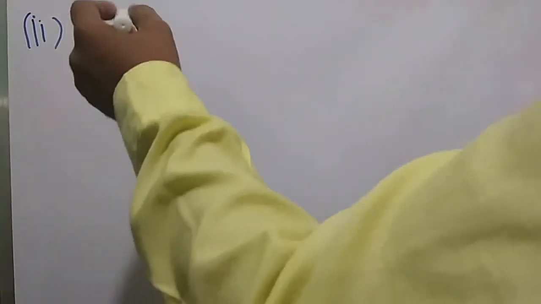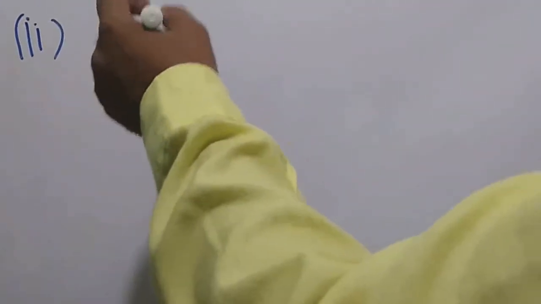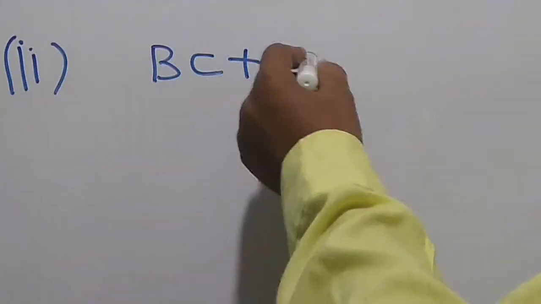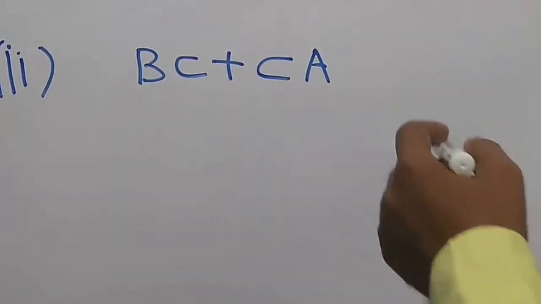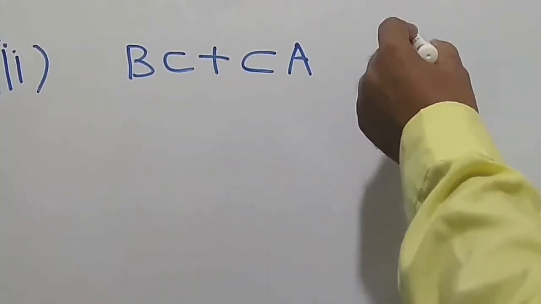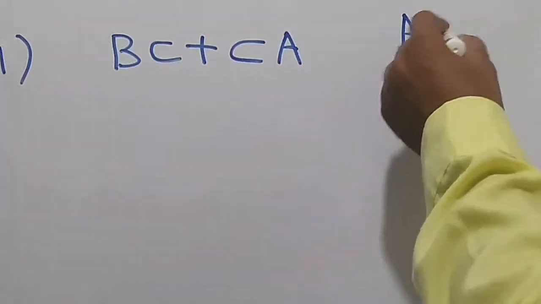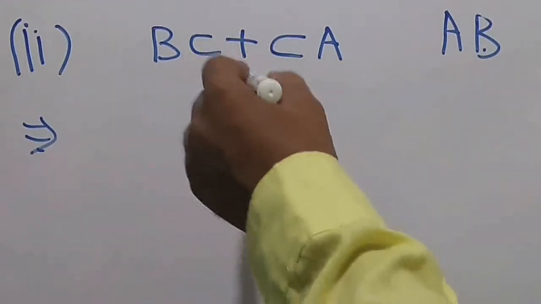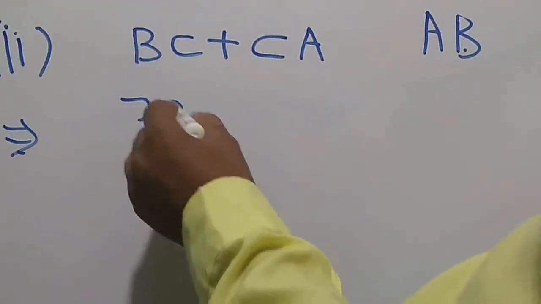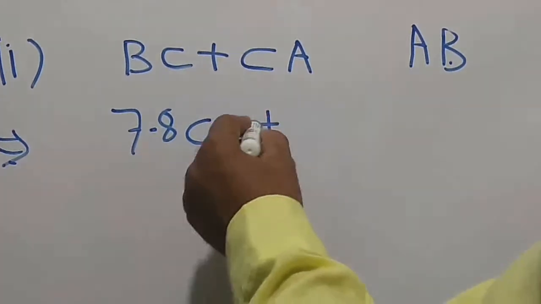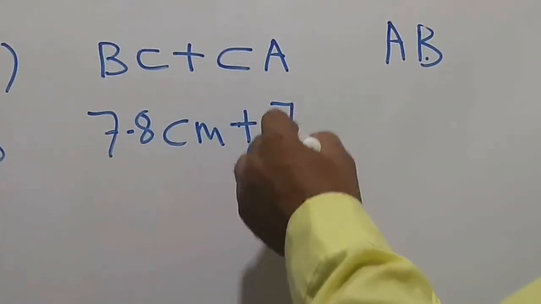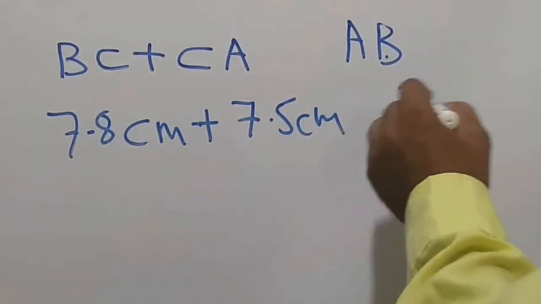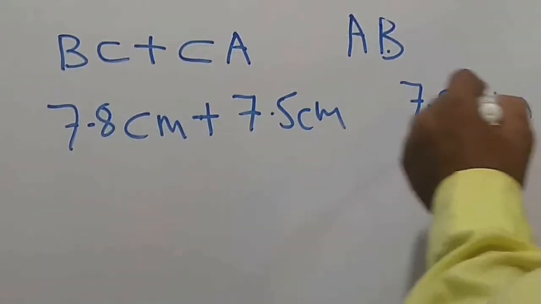Now this is the second condition for the first triangle. It is CA, and we compare this with AB. The measurement of BC is 7.8 centimeter plus CA is 7.5 centimeter, and AB is already 7.5 centimeter.